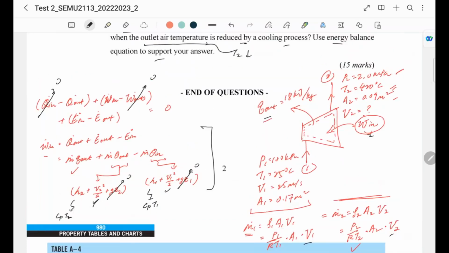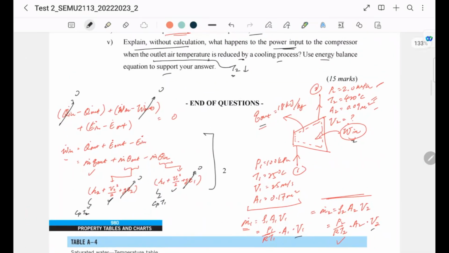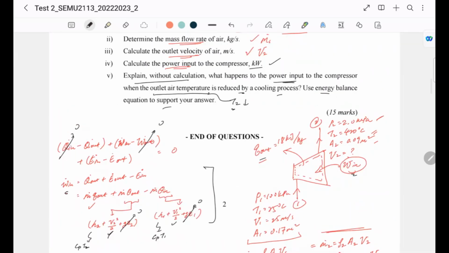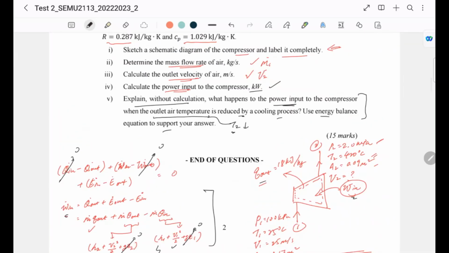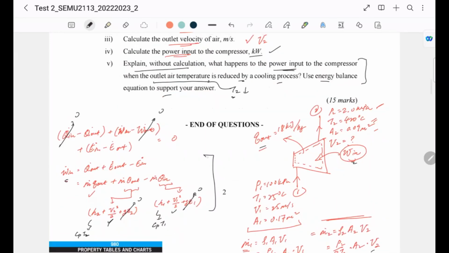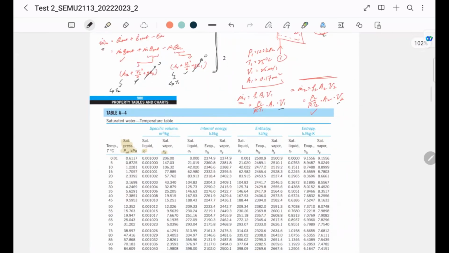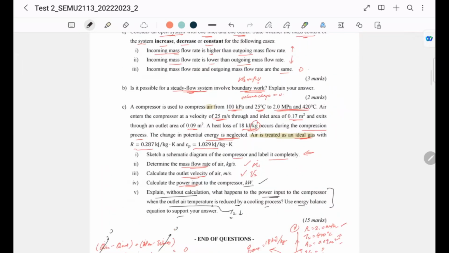What will happen if T2 decreases? What will happen to the work input? For this, I'll let you find out. Once you're able to write this equation out, I think it shouldn't be a problem for you to answer this question. Okay, right, so that's one example of a past year question, how the question may look.